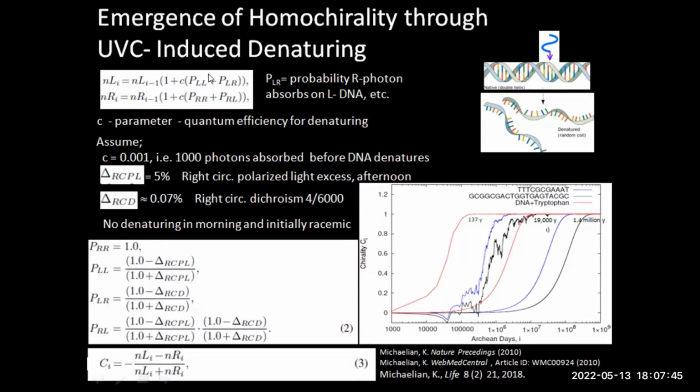So these are the probabilities for absorption with some kind of parameter, which is like the quantum efficiency for denaturing. And so we have two of these equations, one for left-handed DNA, one for right-handed DNA.